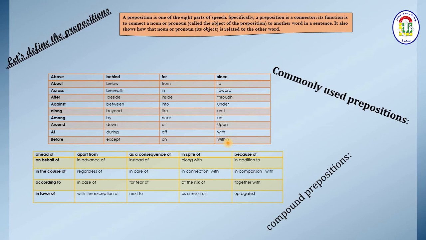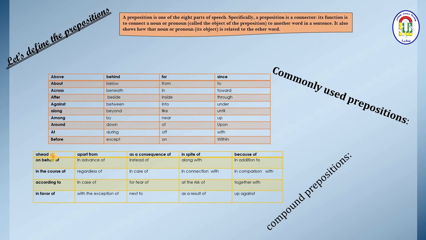We also have what is called compound prepositions. What is a compound preposition? It is normally a combination of a preposition and another thing: two prepositions, for example, or a preposition plus a noun, and so on. For example, we have ahead of, two prepositions.